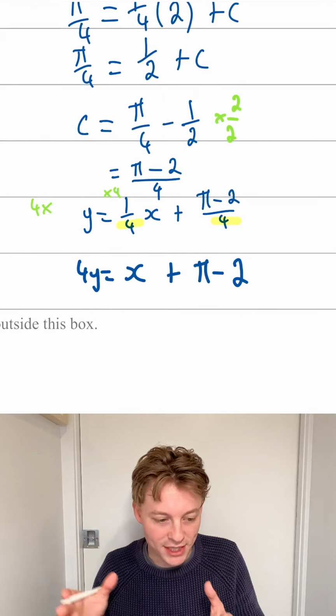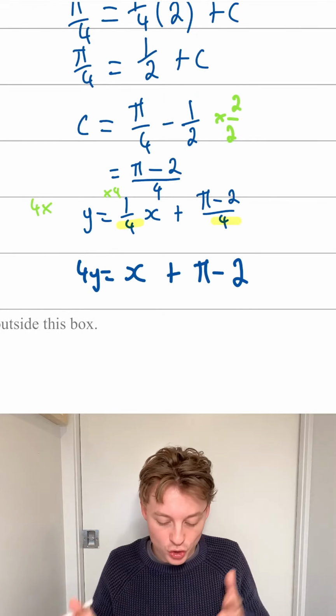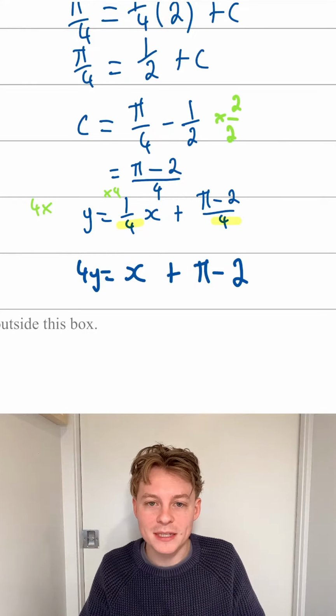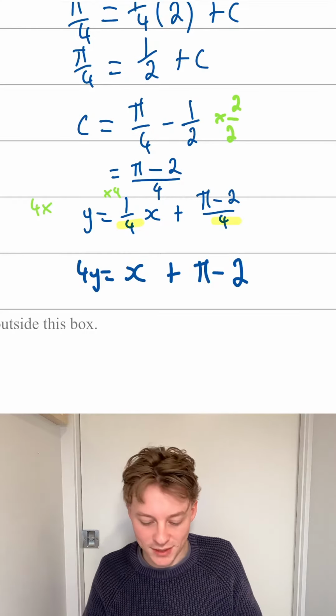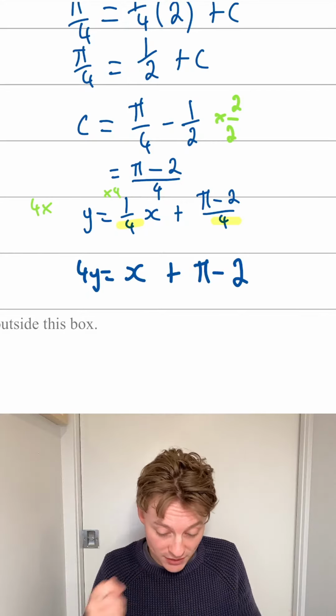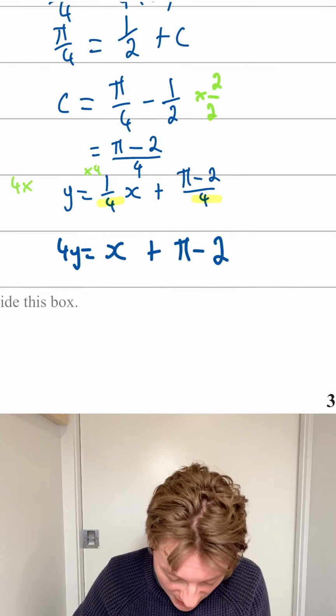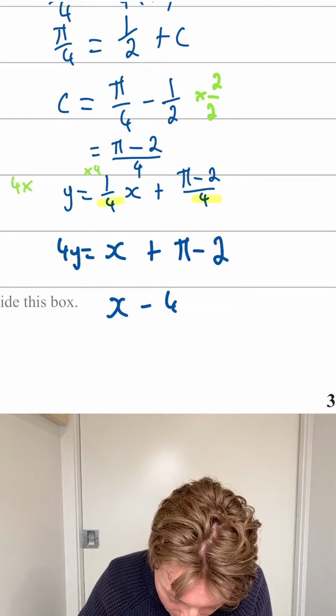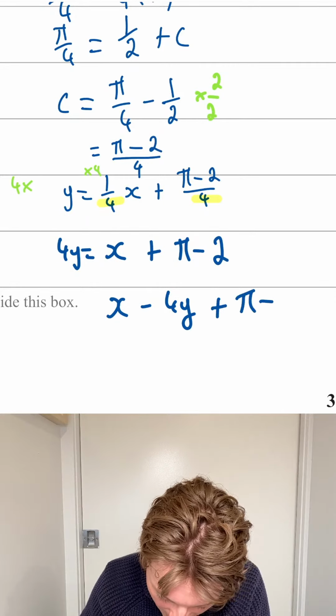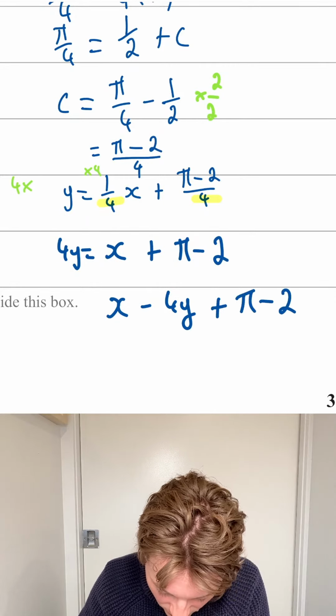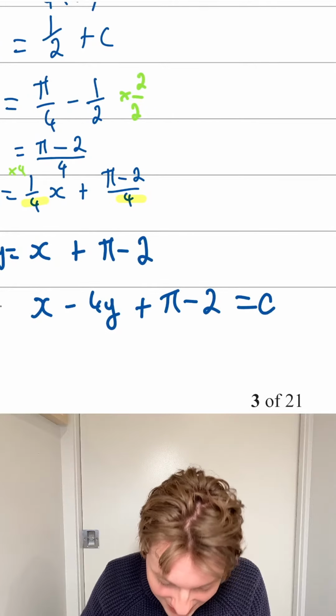I like to keep x positive, so I'm going to subtract 4y off each side. I'm going to get a final equation of x minus 4y plus pi minus 2 is equal to 0.